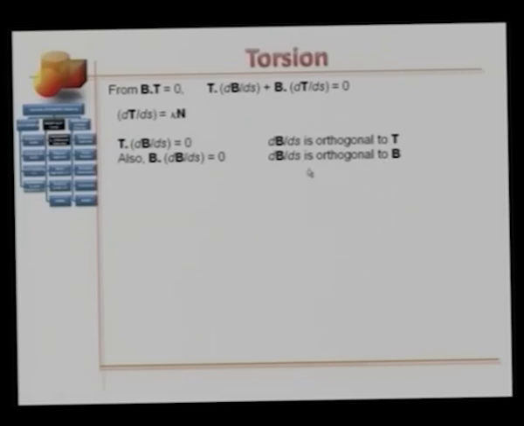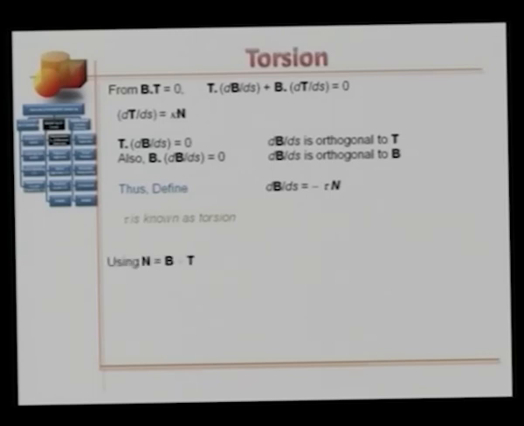Interesting. db over ds is orthogonal to t, and also db over ds is perpendicular to b. dB by ds, therefore, is bound to be aligned with the unit normal n. We can use this fact to define dB over ds as minus of some scalar tau times the unit normal n. This scalar tau is known as torsion.